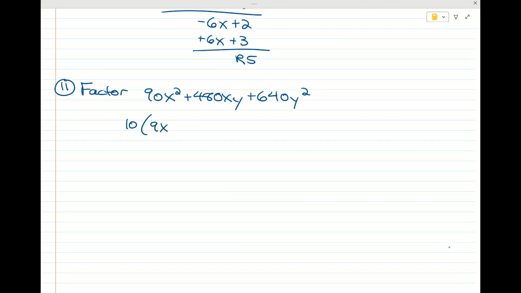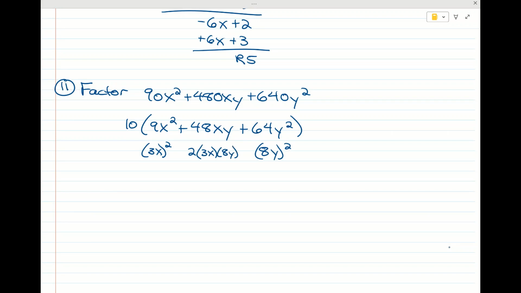So we just get 9x squared plus 48xy plus 64y squared. And I noticed that 9x squared is actually just 3x squared. 64y squared is 8y squared. And 48 would be 2 times 3x times 8y.